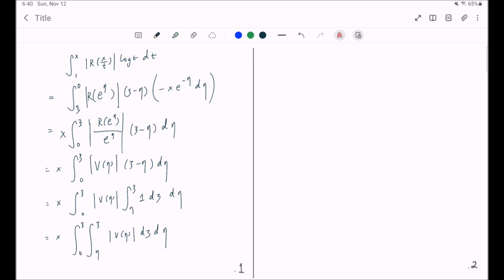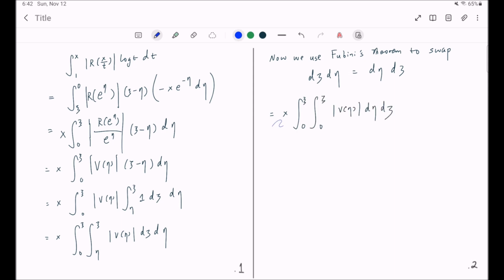And as a natural next step, we're going to use the Fubini theorem here to swap d zeta and d eta, namely to change the order of integration. When you swap them, the integral we'll get is, to explain this part, we can draw a picture. Our domain of integration is this triangle, and I mark psi here.